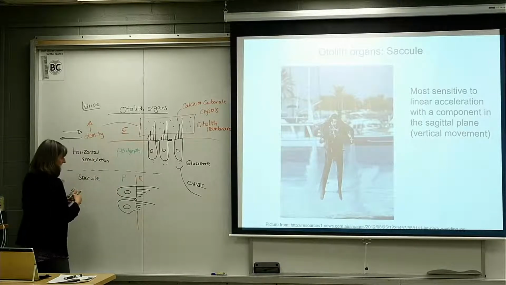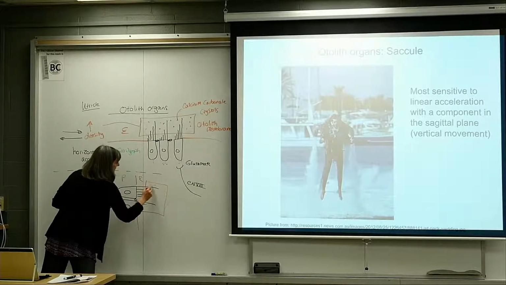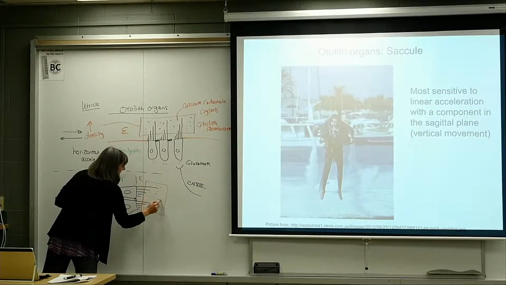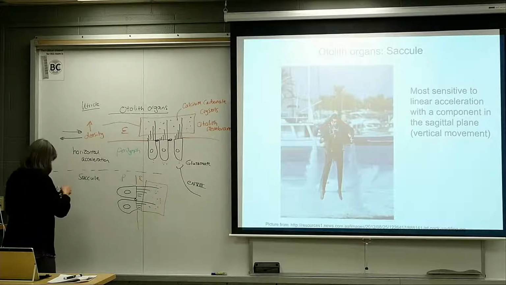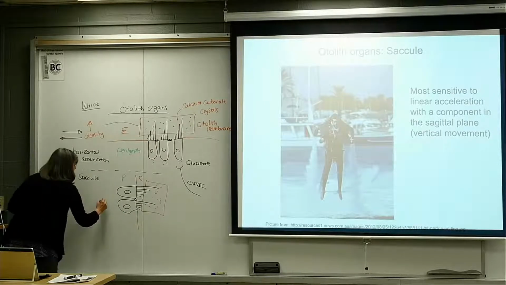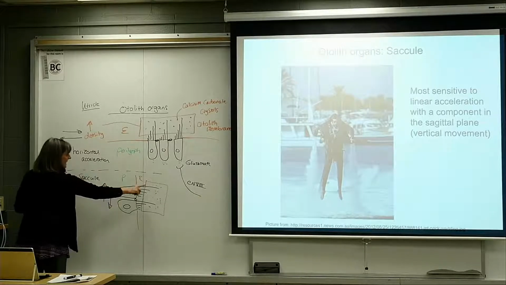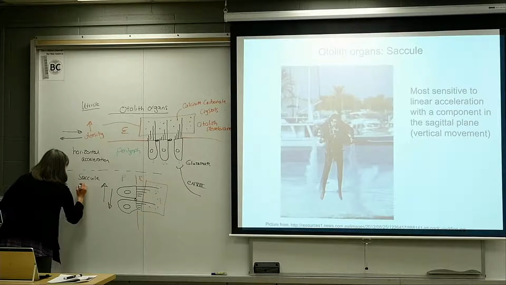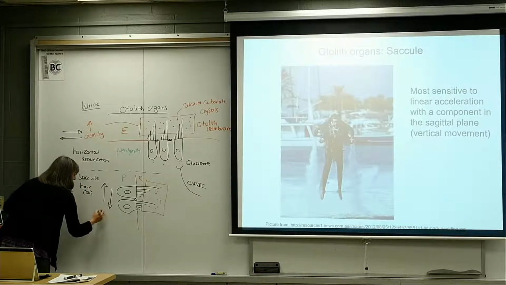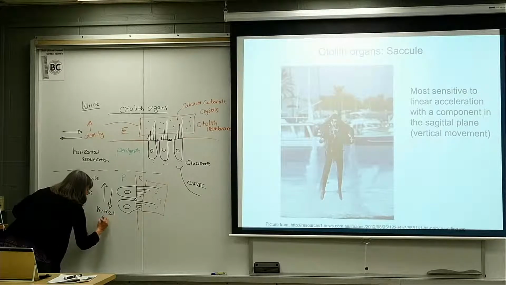They're still going to have an otolith membrane with those calcium carbonate crystals in it. But now, if we have vertical acceleration or deceleration, that's what's going to activate these saccule hair cells.